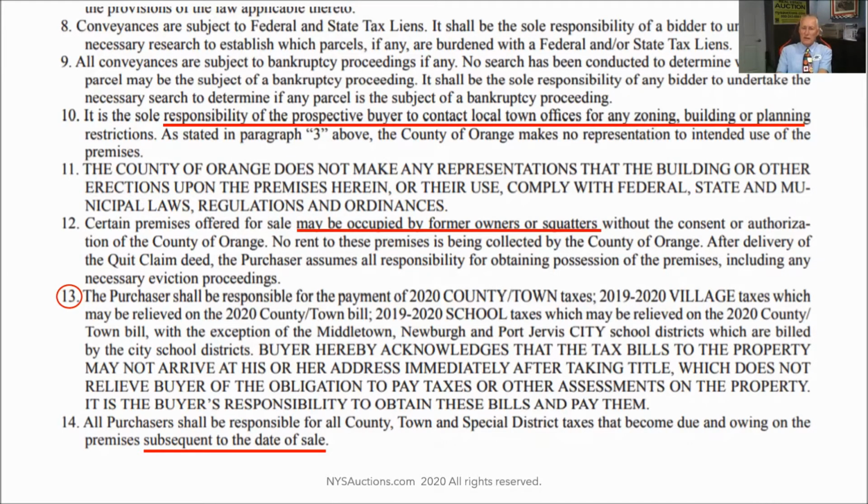Most municipalities are collecting from you, the buyer, what we call a pro rata share of the current taxes. That's a piece of it. So you're going to be responsible typically for either a piece of the county town bill, if it's a village property, a piece of that bill, or a piece of the school bill.